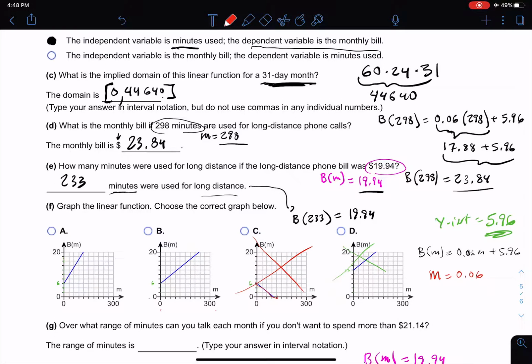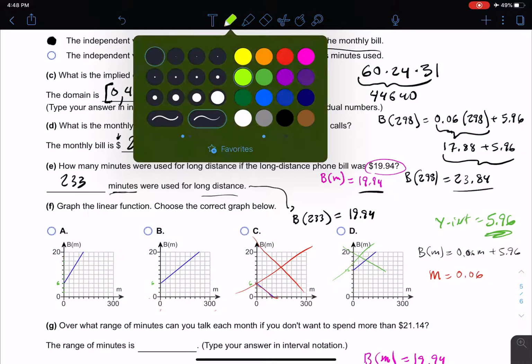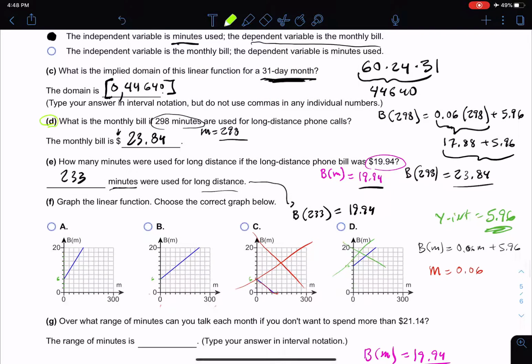Remember back here at, let's see, yeah, right here. How about D? So let me go to some color here so it's easier to see what I'm talking about. If I go to D, we can write this as an ordered pair, right? This is saying B of 298 gave me $23.84. This is an ordered pair.